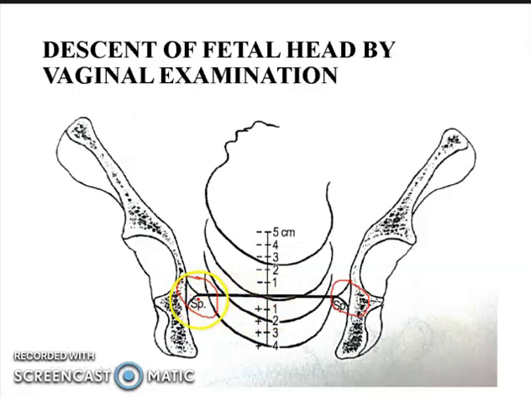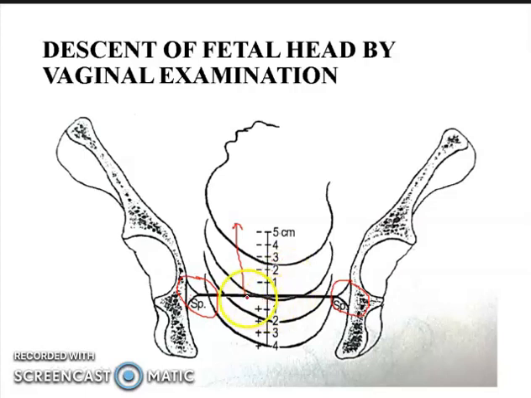So above the level of these ischiospines, the numbers begin counting from 0, 1, 2, 3, 4 up to 5, and these are negative numbers, from -1, -2, -3, up to -5. So -5 simply tells you that the fetal head is not yet descended and is completely above the ischiospines.